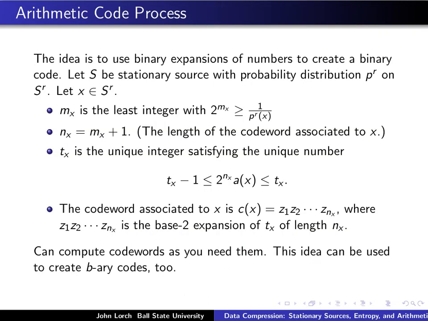So now we're ready to describe the arithmetic coding process. The idea here is to produce a binary code, and we're going to do it by producing binary expansions of certain numbers.